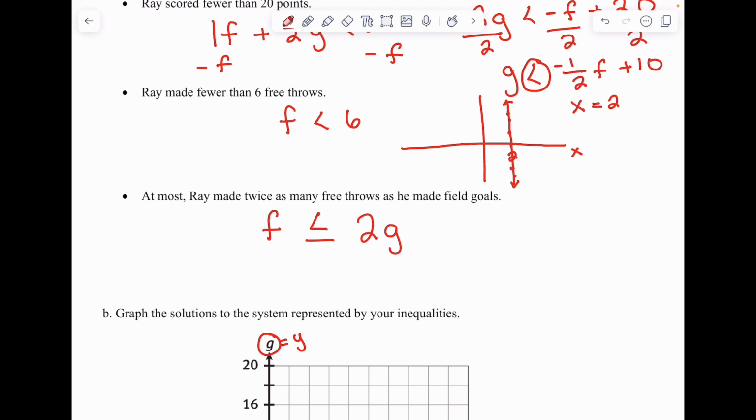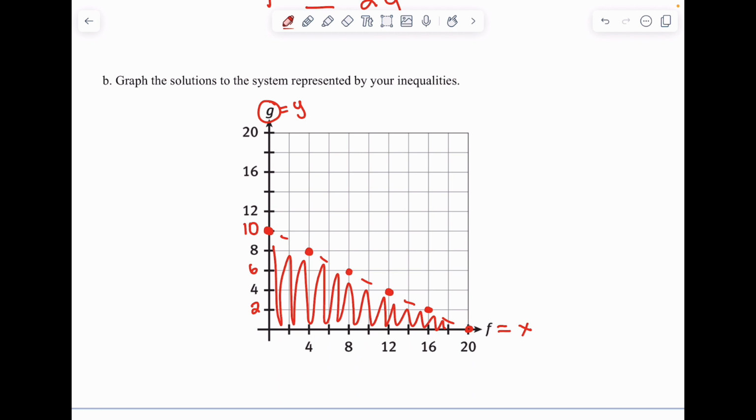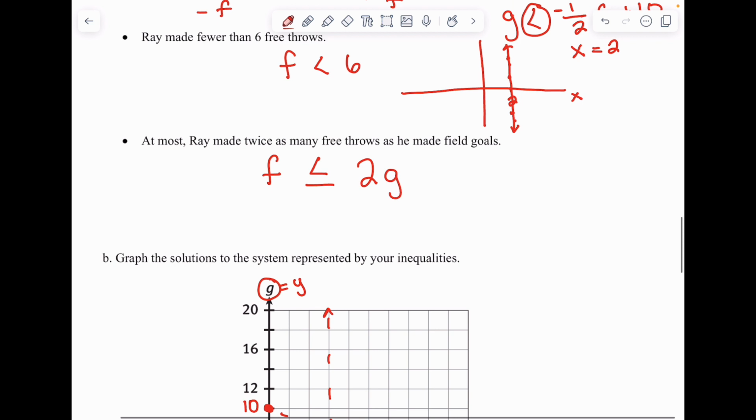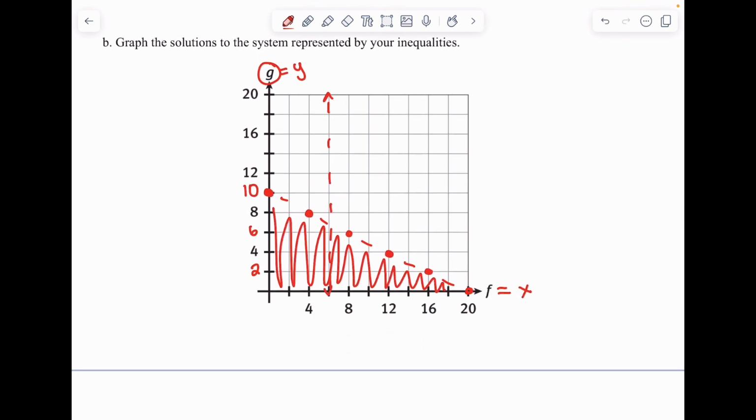And so if we have F is less than 6, this would look like a vertical line that's dashed going through 6 on the x-axis. And if F needs to be less than 6, I'm going to shade where the x values are less than 6, and that's going to be to the left of the line. So I'm going to shade in a different color, shading everything to the left of that line.